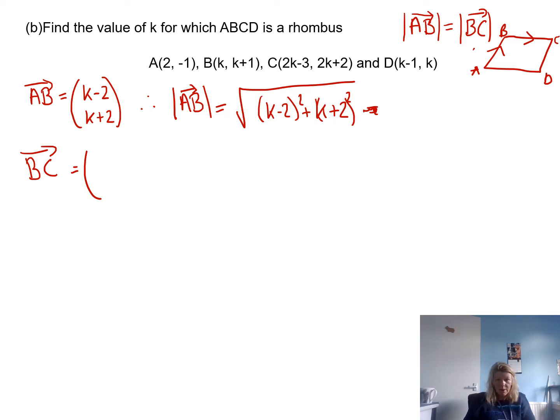So C take B gives us K take 3, and C take B ends up as K plus 1. So the mod of B to C, or the length of it, is in fact that.